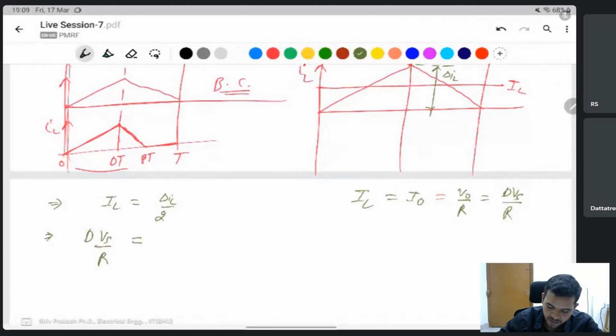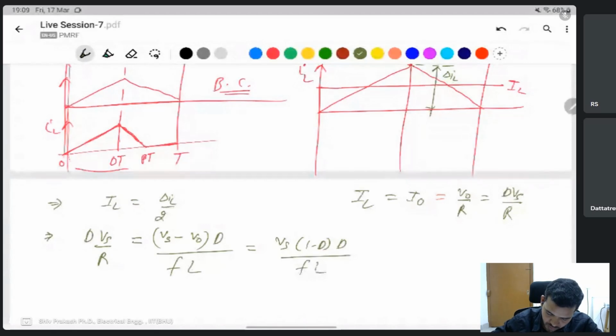Delta IL: when the switch is on, Vs minus V naught appears on the inductor, into DT times, which can be written in terms of fs. Taking V naught as D Vs, you can take Vs common, 1 minus D into D divided by fs.